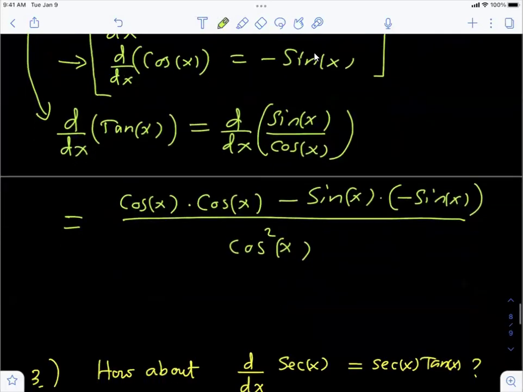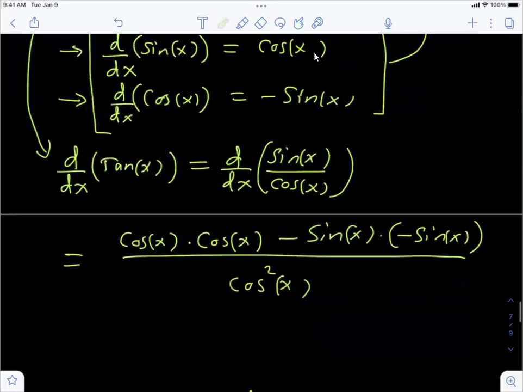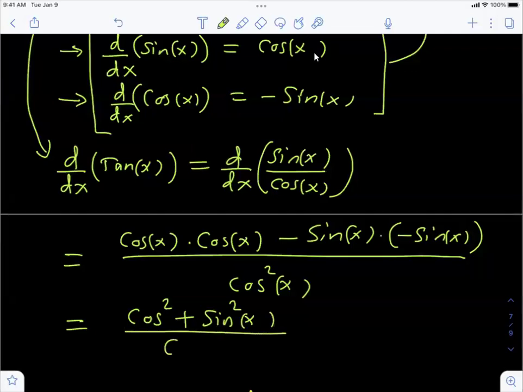And with that, now let's simplify one more step. This is cosine squared right here at the top. And then minus, together with this minus sign, would make it plus. And what you have with sine and sine is sine squared. The whole term is divided by cosine squared x.